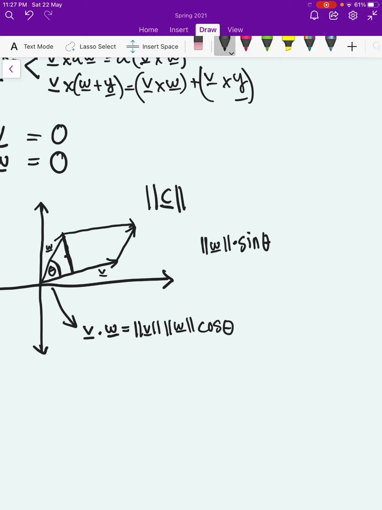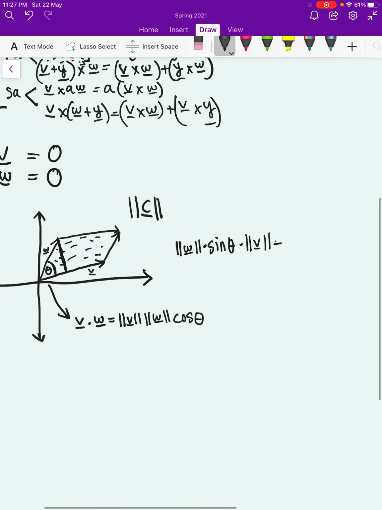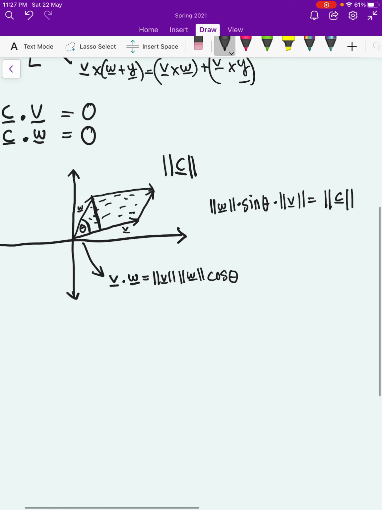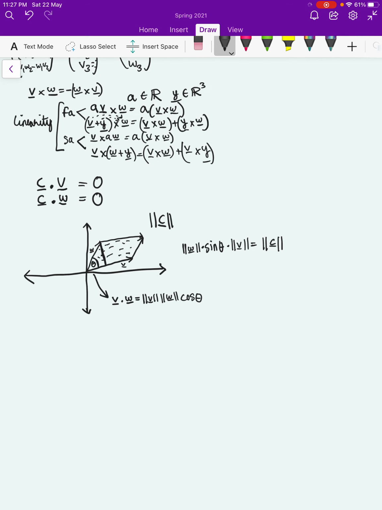This is going to multiply by the magnitude of v as well, so that we can get the area of this parallelogram. And this is the magnitude of this vector c, the cross product. So that's a formula that you might want to remember.